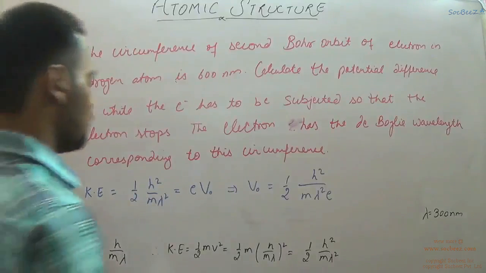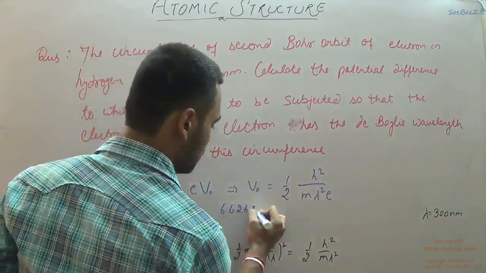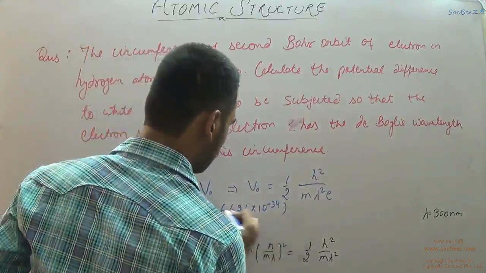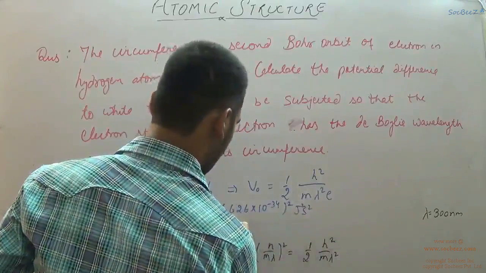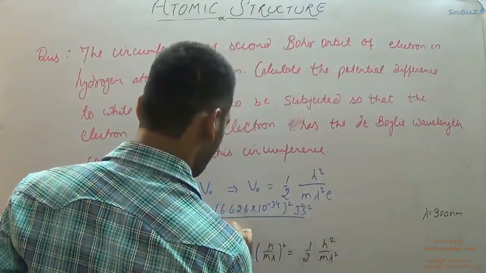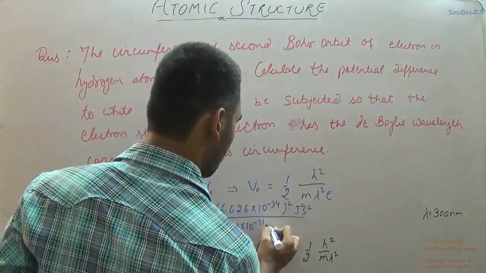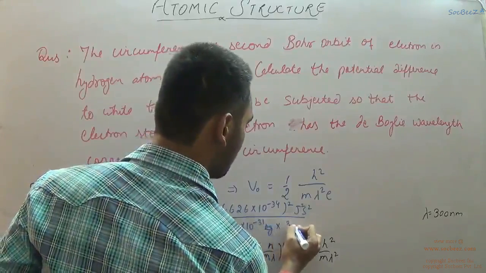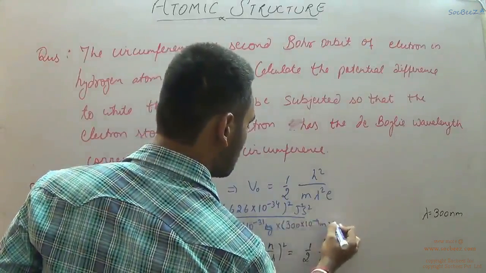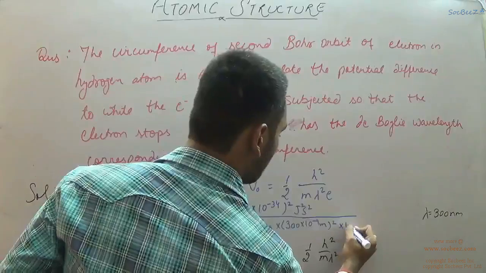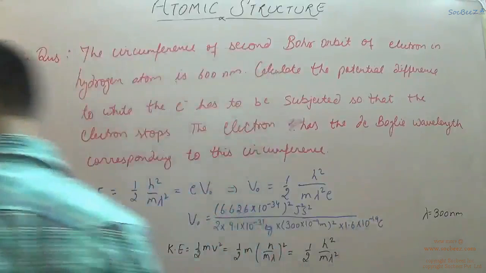Okay, now substituting all values, we get V naught as 6.626 into 10 raised to the power minus 34 whole square joule square second square, divided by 2 into 9.1 into 10 raised to the power minus 31 kilogram into 300 into 10 raised to the power minus 9 meter of whole square, into 1.6 into 10 raised to the power minus 19 coulomb.